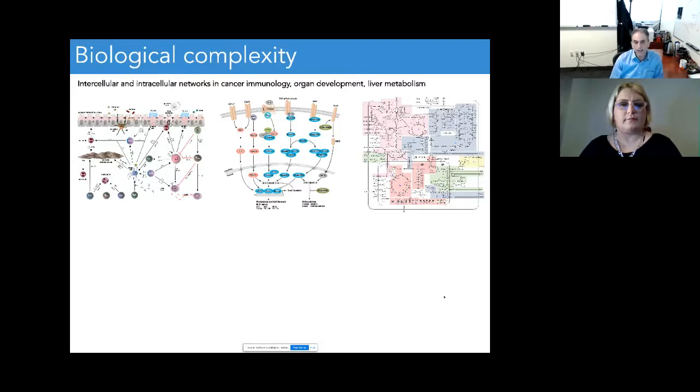When you begin to think about wanting to do cancer therapies, or control organ differentiation and generation, or control metabolism in liver, it's really important that we respect the complexity of the biological system and try to use tools that are able to match the complexity that this substrate has.